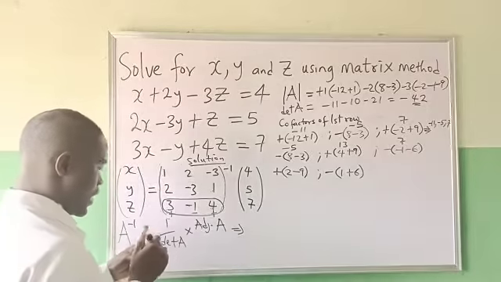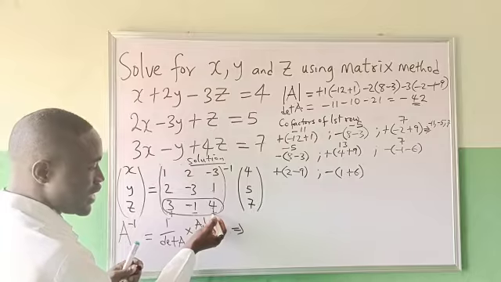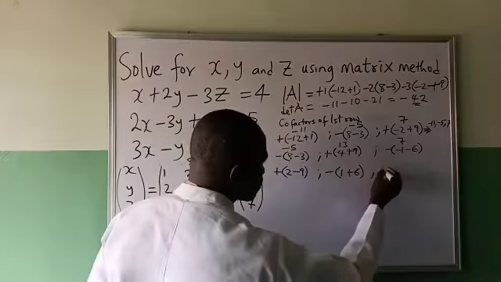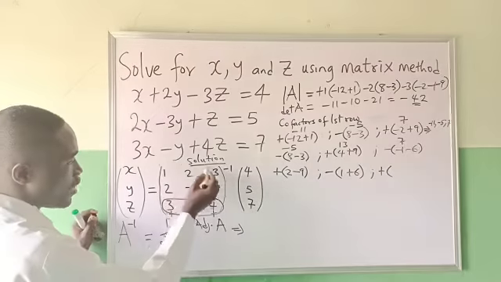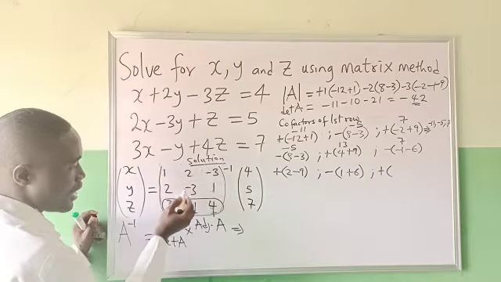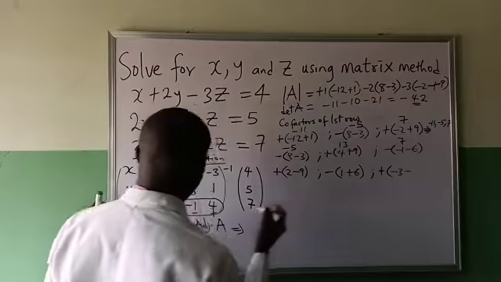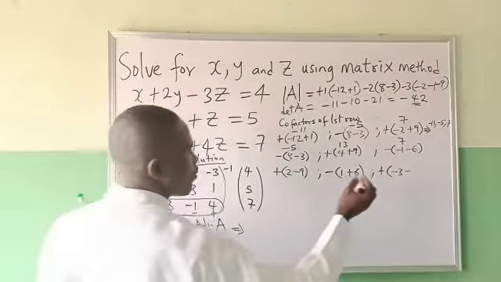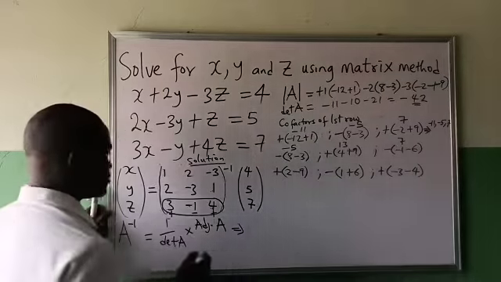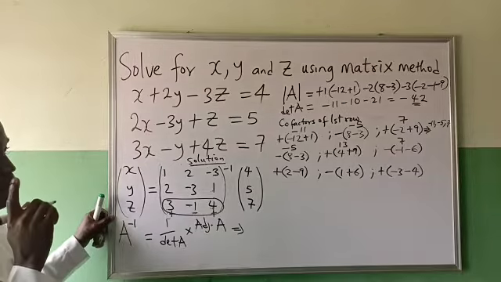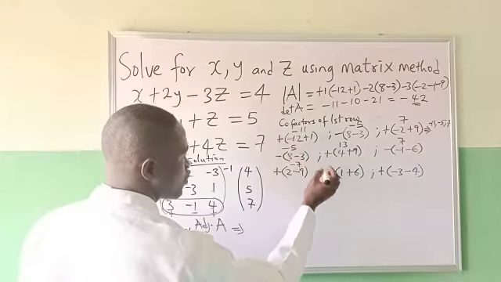Then I will now hold this third column. This inherent sign is plus, plus, bracket. When I hold here, these 4 elements will come out. 1 times minus 3, minus 3, minus 2 times 4, 2 times 2, 4. Right? So we'll be having here to be minus 7 total.